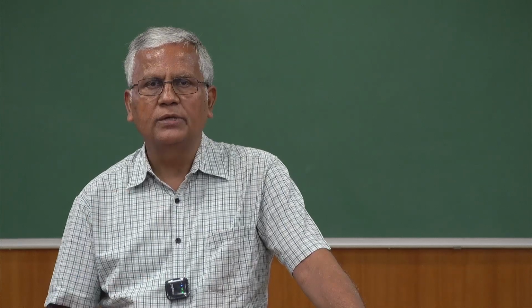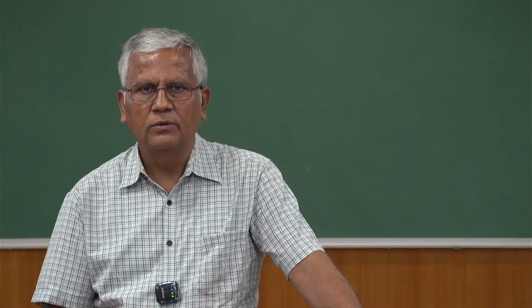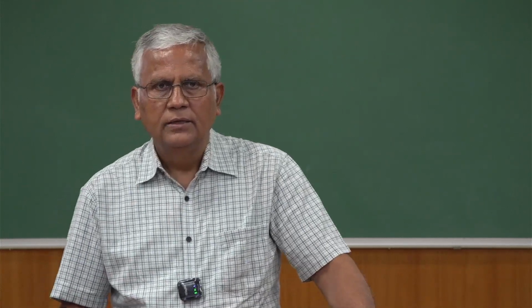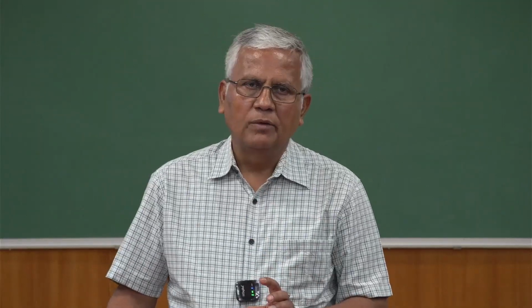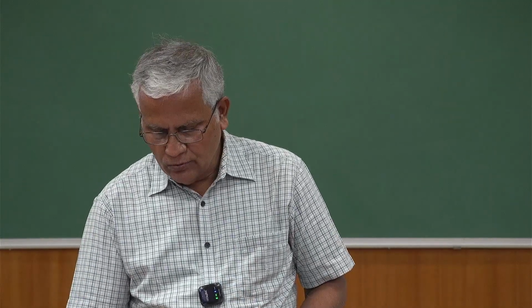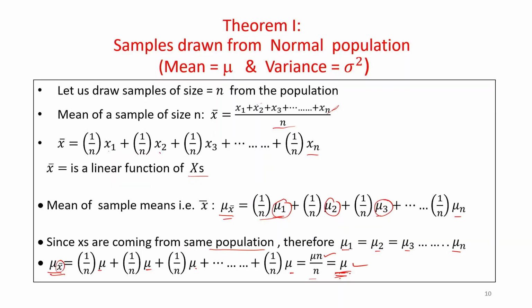What is going to be that distribution? We'll be coming to that. But the mean of these sample means is going to be equal to the population mean, that is mu. This is the population mean, and this is the mean of sample means.